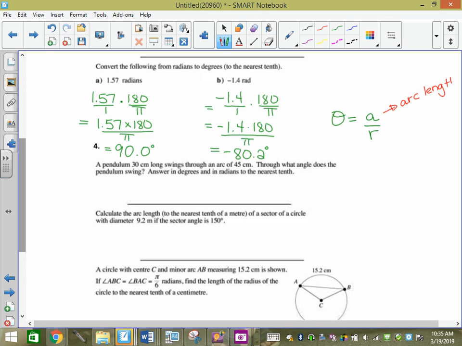What the heck is an arc? Well, if I drew a circle like this, and I had this radius here, and this radius here, this would be the arc that joins it. So that there would be the A. R represents radius. These two have to be in the same unit.